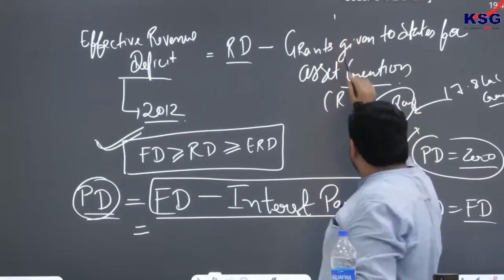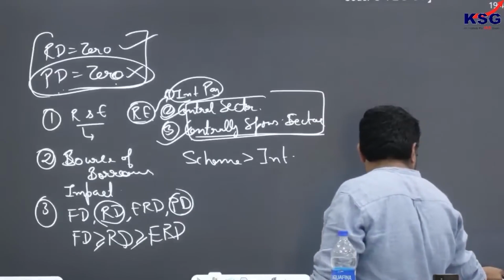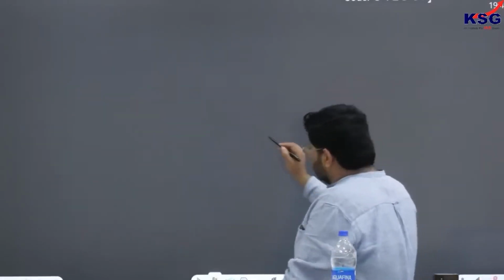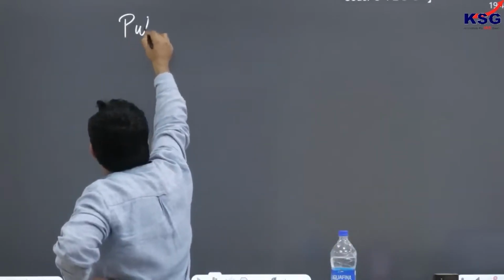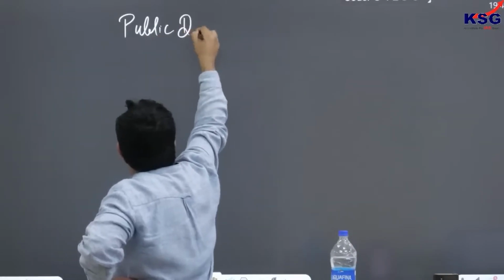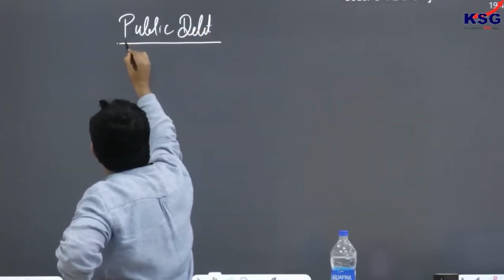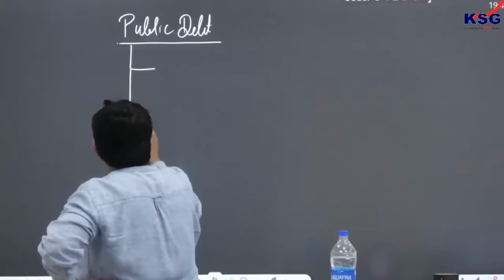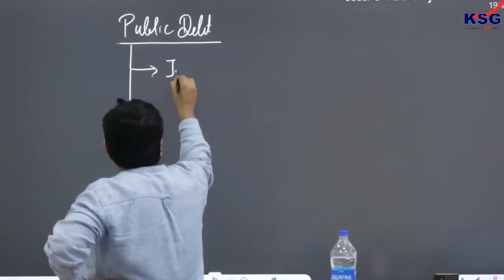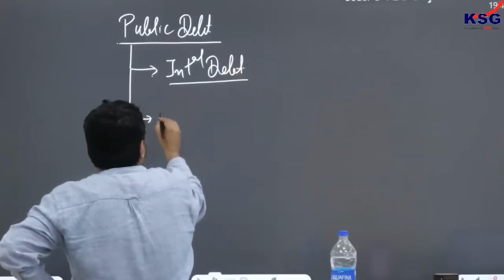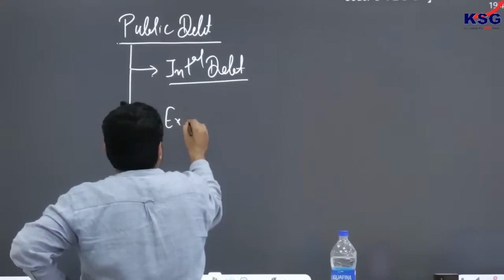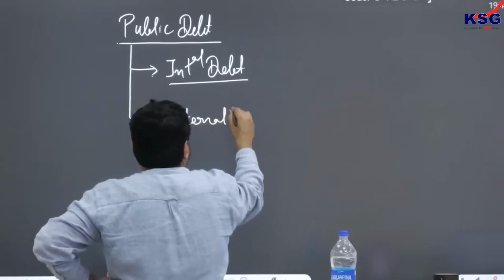Now come to the next part. Now there is the concept of public debt. In public debt there are two components, internal debt and external debt.